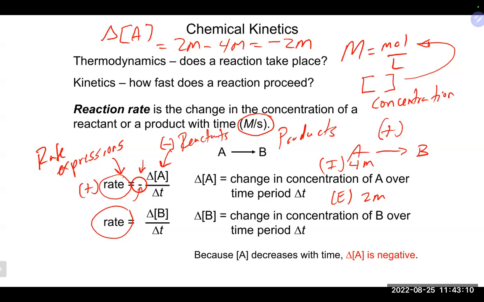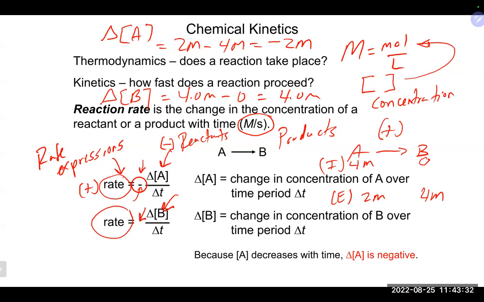That is different than B, for example. Say B started at 0 and ends at 4 molar. When I do the change in the concentration of B, it is 4 minus 0, which gives me a positive 4 molar, which means no need for a negative, and that gives us, again, a positive rate.